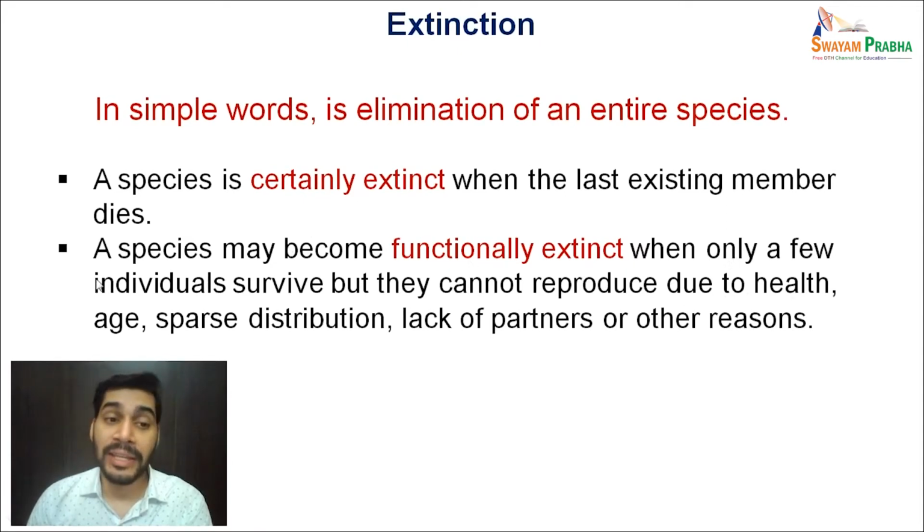It can be their age; they might be old or beyond the reproductive age. Sparse distribution of the individuals or isolating mechanisms can be there. There might be a lack of partners if they are sexually reproducing organisms, or there may be n number of other reasons because of which they are unable to bring offspring on Earth.